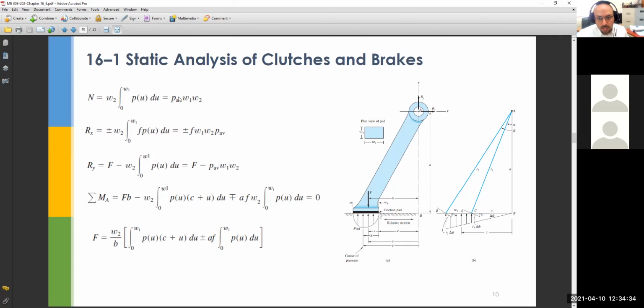It's a pressure average multiplied by W1 multiplied by W2. W1, W2 is the area, right? If you go now one by one and compare the reactions, you will see that this is exactly the same.